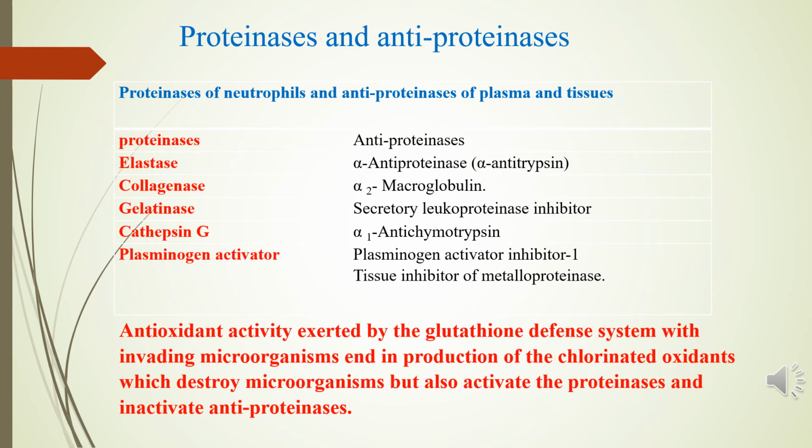We have the alpha-1 antitrypsin as an example. So the chlorinated oxidants, as we mentioned, result during inflammation, and the antioxidant activity exerted by the glutathione defense system deals with invading microorganisms and the production of the chlorinated oxidants.